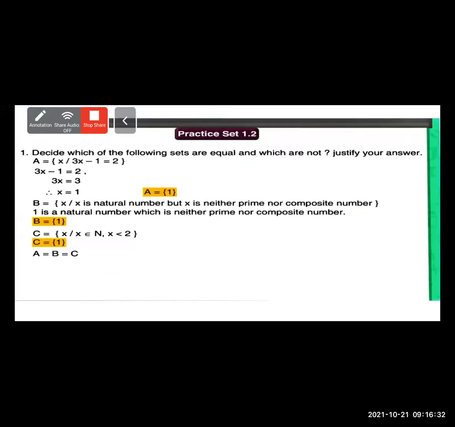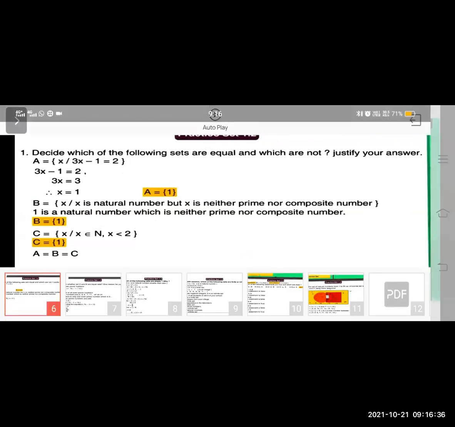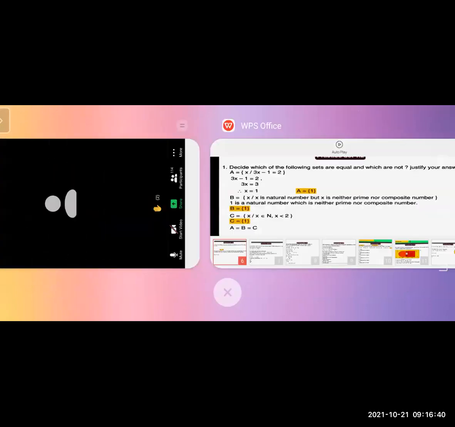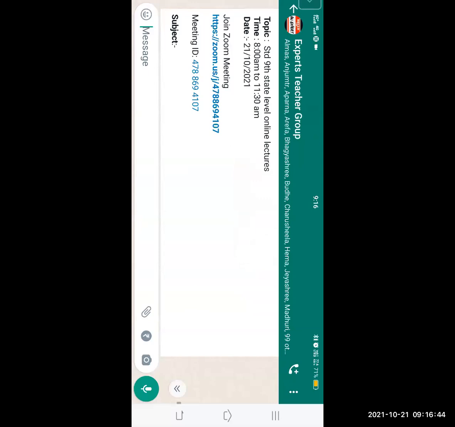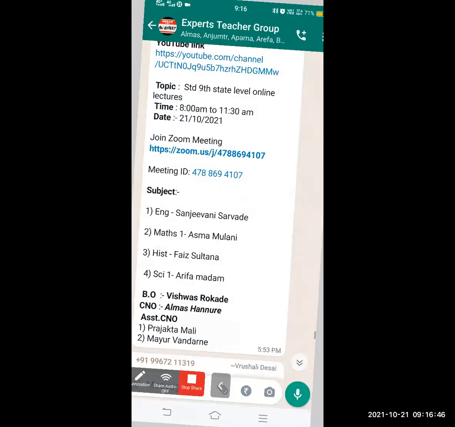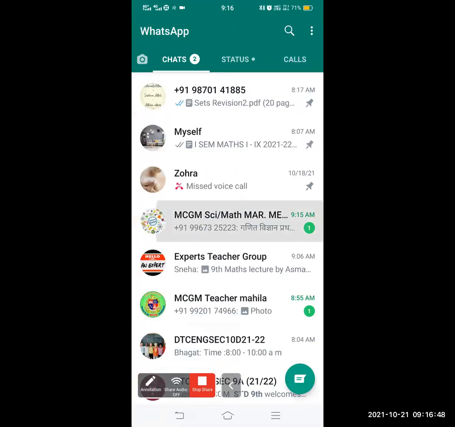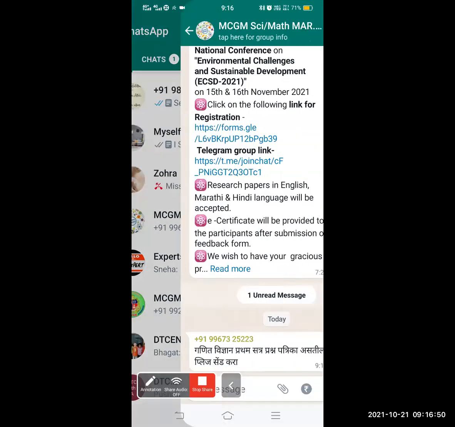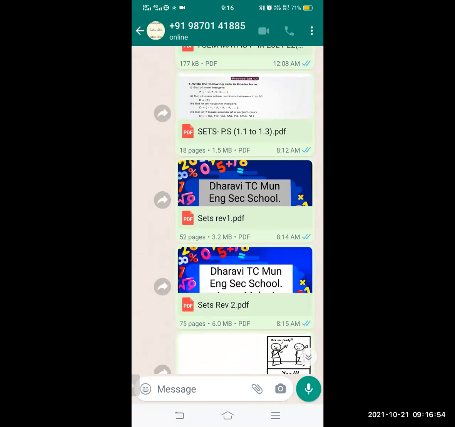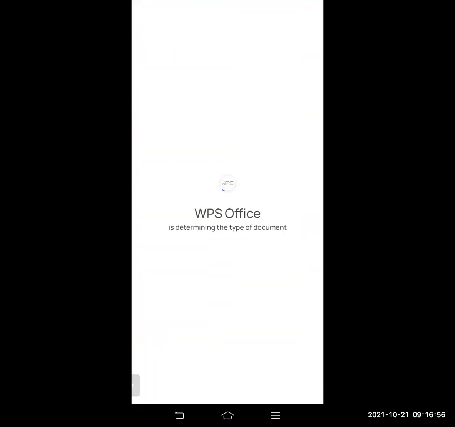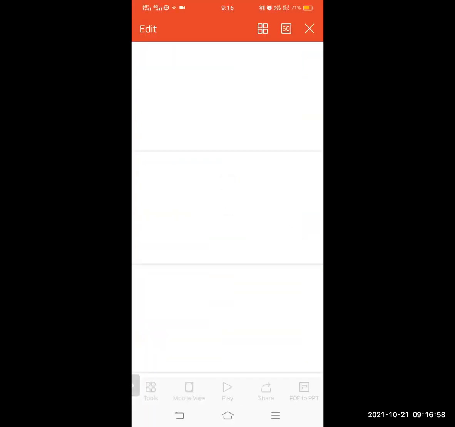Now singleton set, we have to see the definition of singleton set. Let's start with that. Then after that we will start practice set 1.2, page number 4. On page number 4, definitions of sets and types of sets are given.